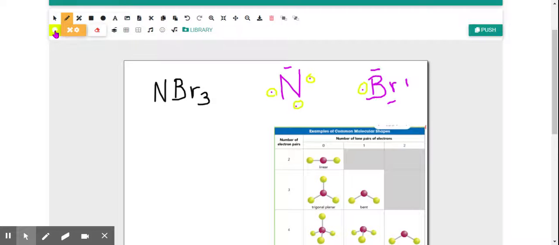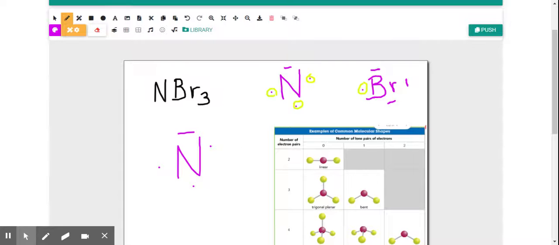So nitrogen is going to go in the middle. I'm going to draw it with a line that represents those 2 electrons, and then I have 1, 2, 3 solo electrons.